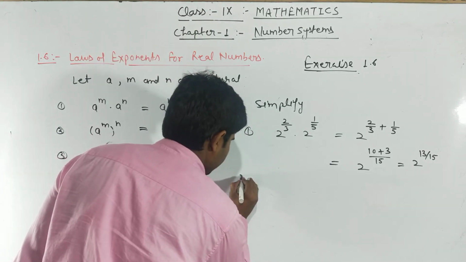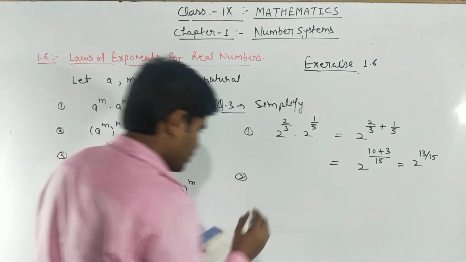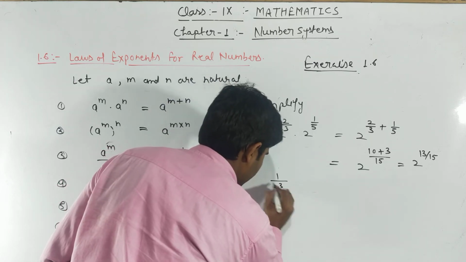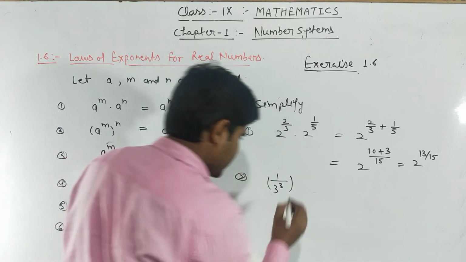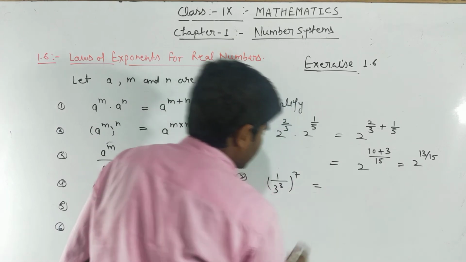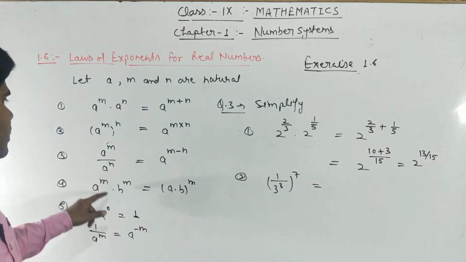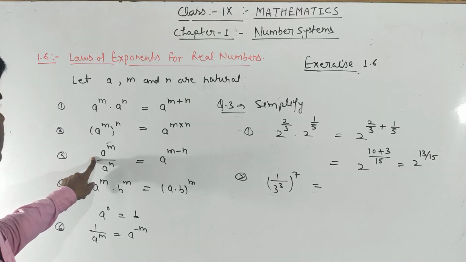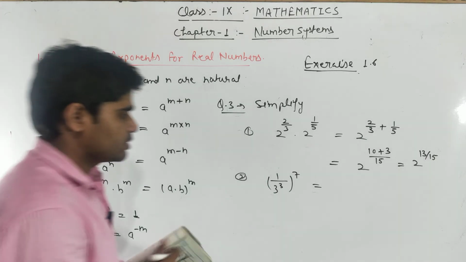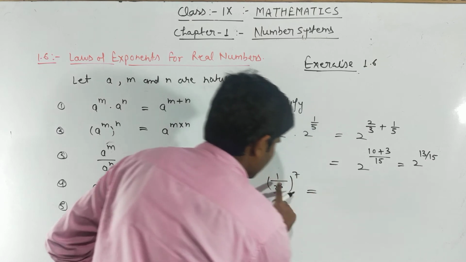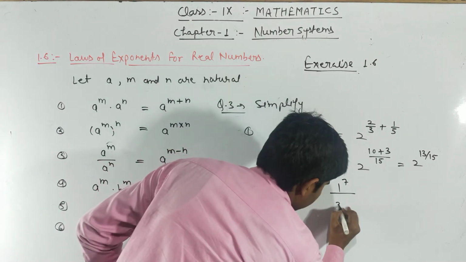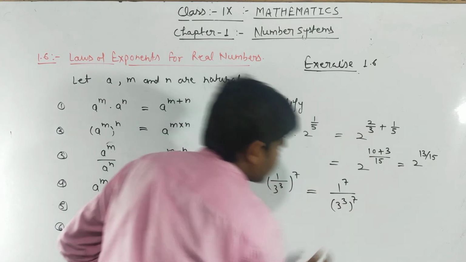Second: 1 upon 3 raised to the power 3, power 7, in this manner. Which identity can you use? We simplify first. 1 raised to the power 7 upon 3 raised to the power 3, power 7.